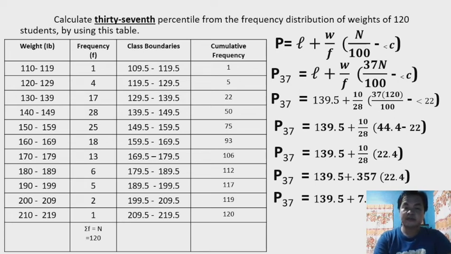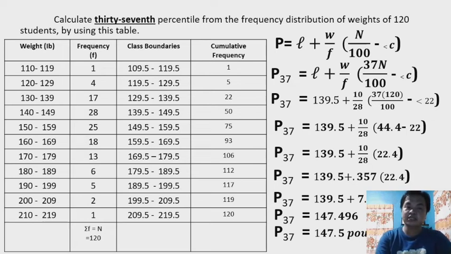Ang sagot naman ay 147.496. So, the 37th percentile from the frequency distribution of weights of 120 students is 147.5 pounds. Kung mapapansin ninyo, naka-round off siya into the nearest hundredths.